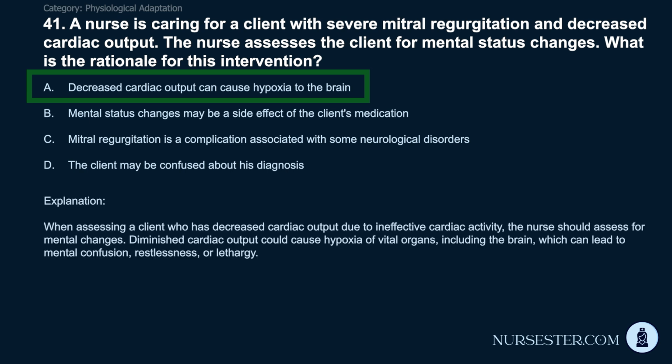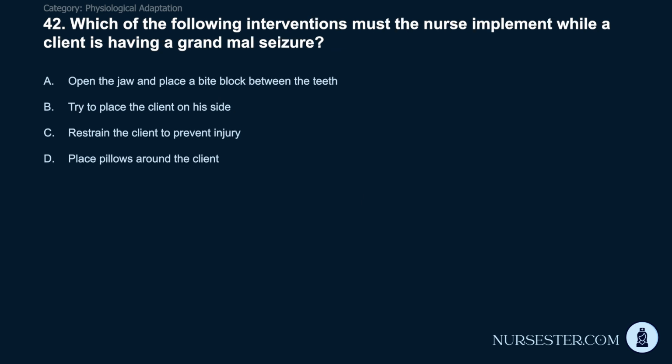When assessing a client who has decreased cardiac output due to ineffective cardiac activity, the nurse should assess for mental changes. Diminished cardiac output could cause hypoxia of vital organs, including the brain, which can lead to mental confusion, restlessness, or lethargy. 42.